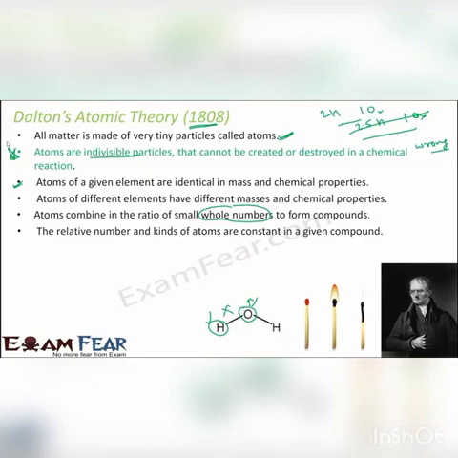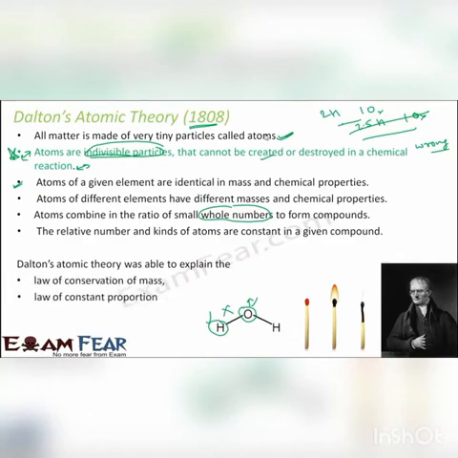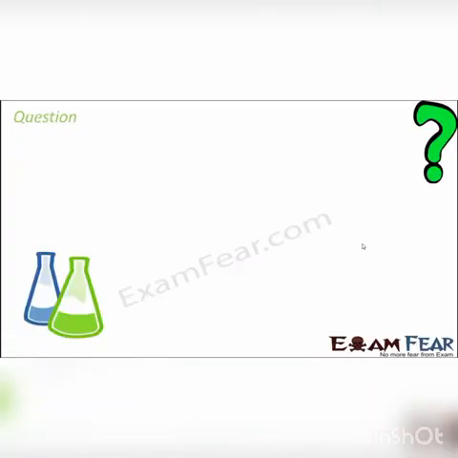All these points were correct, but only the second point was not true, because with current advancement in science, we are in a position to break these particles, and scientists have actually created and destroyed atoms as well. So this Dalton theory was able to explain the law of conservation of mass and the law of constant proportion. Correct. So this was a big success.